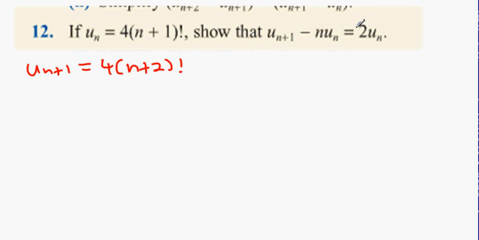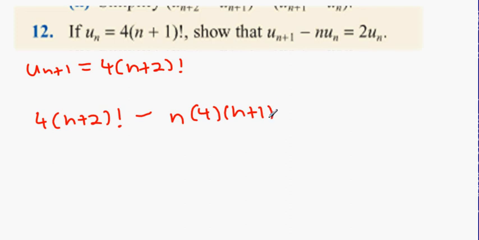Now what we're going to show is that this one minus this one equals 2u_n. So u_(n+1) is 4 times (n plus 2) factorial, and this is going to be minus n times 4 multiplied by (n plus 1) factorial.